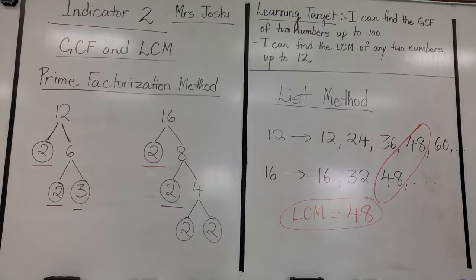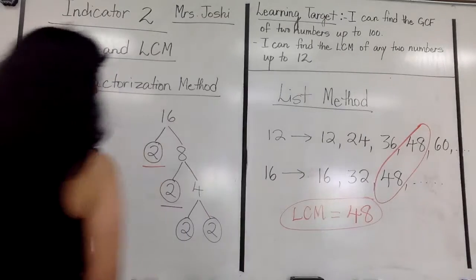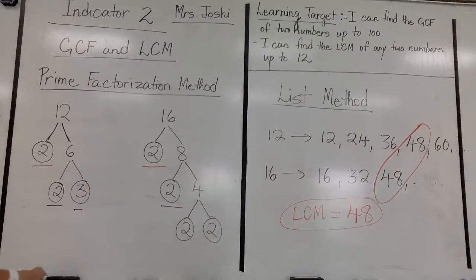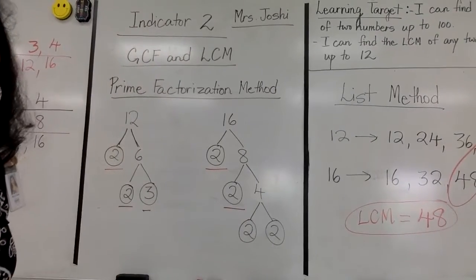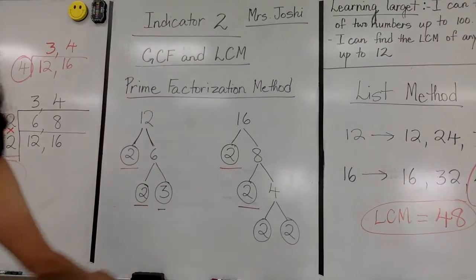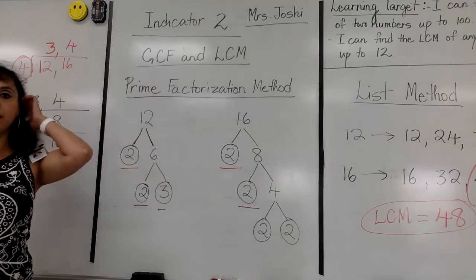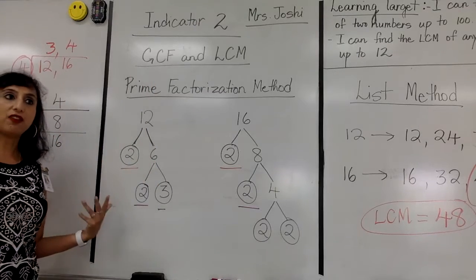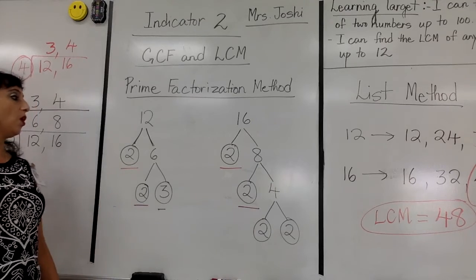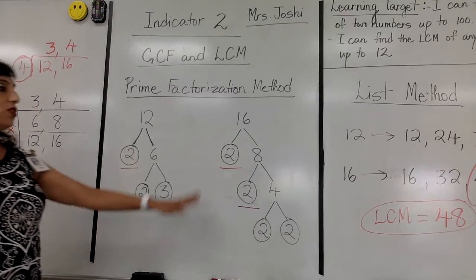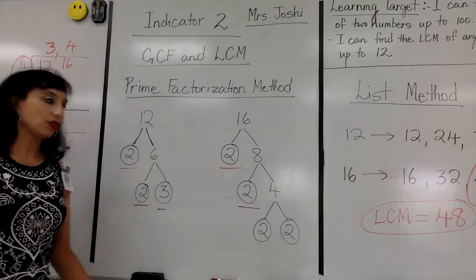Then let's go ahead and do this method because we've already worked it out. I just want to show this to you. If I have 12 and 16, this is the prime factorization method. Again, you go down to the prime numbers.